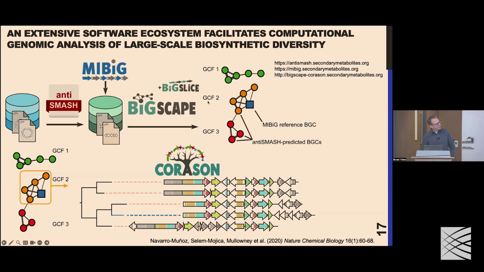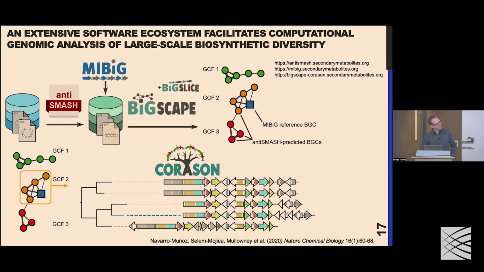I already mentioned briefly the BiG-SLiCE clustering algorithm at the start, which groups gene clusters into families. In general, we start with the gene clusters that we can predict or identify in genomes with antiSMASH, gutSMASH, rhizoSMASH. Then we have databases like MIBiG for known biosynthetic gene clusters, which at the moment hosts about 3,000 gene clusters with known chemical products.